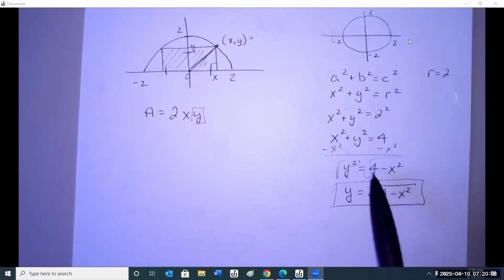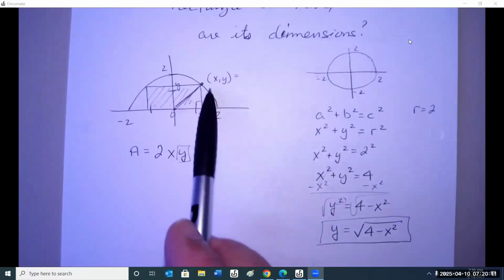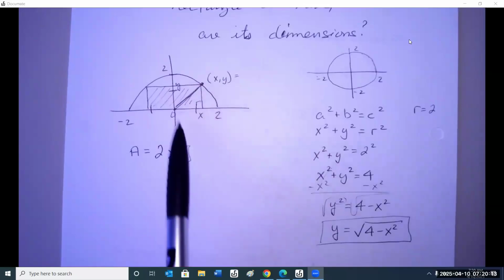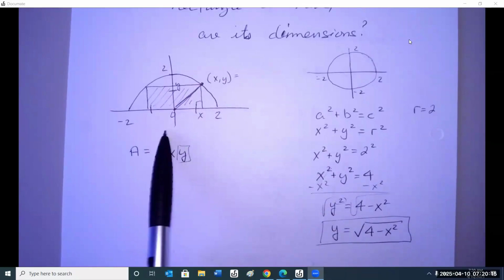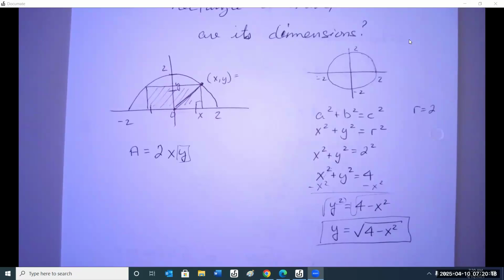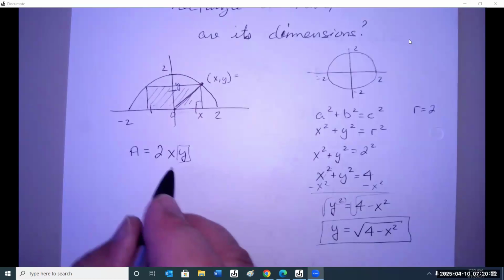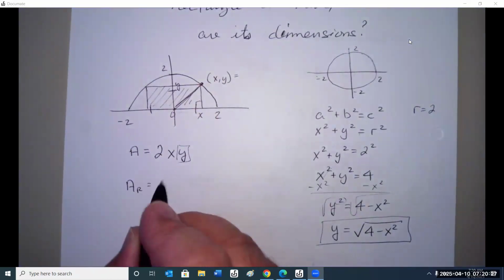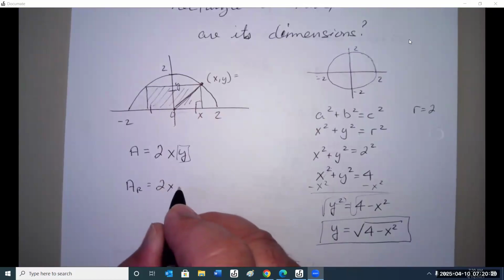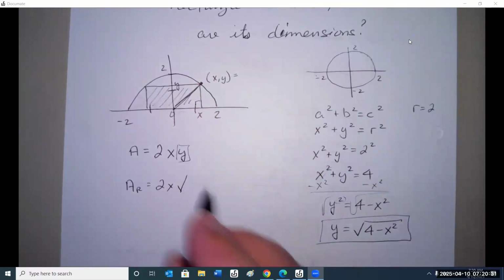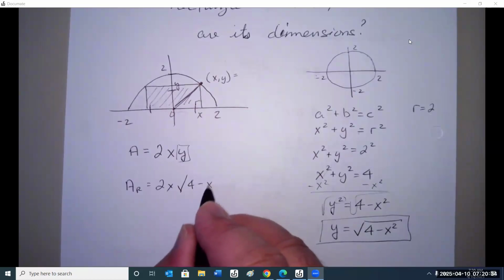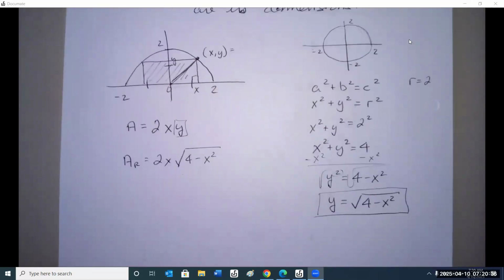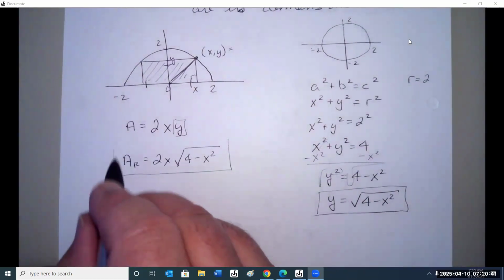But the y value has to be positive. It can't be negative. If it was negative, it'd be down here. So we're only using the positive value. So this is what y equals. Plug that in here. So the area of the rectangle is equal to 2 times x times the square root of 4 minus x squared. This is our formula for A, the area.